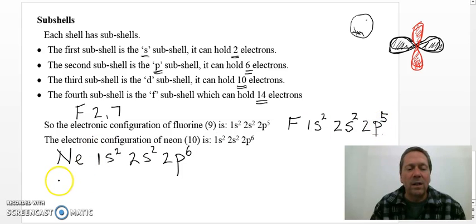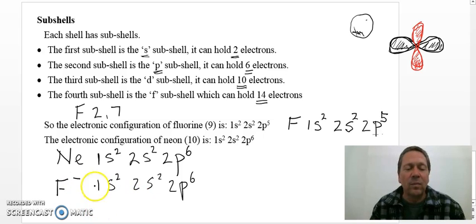So a fluorine ion, which has an extra electron, has an electronic configuration of 1s2, 2s2, 2p6, which is exactly the same as neon. So remember I was telling you about the octet rule?